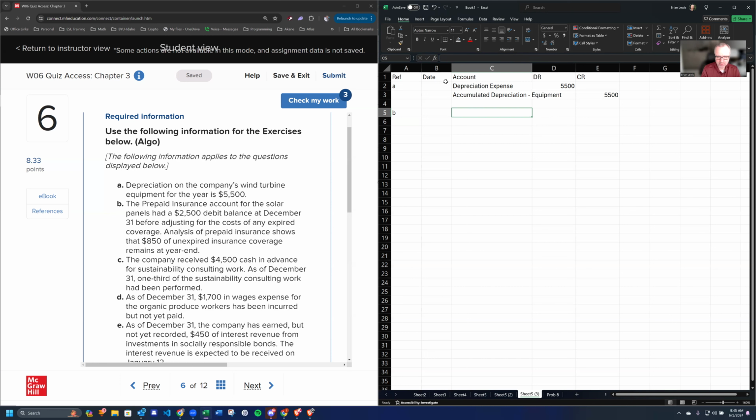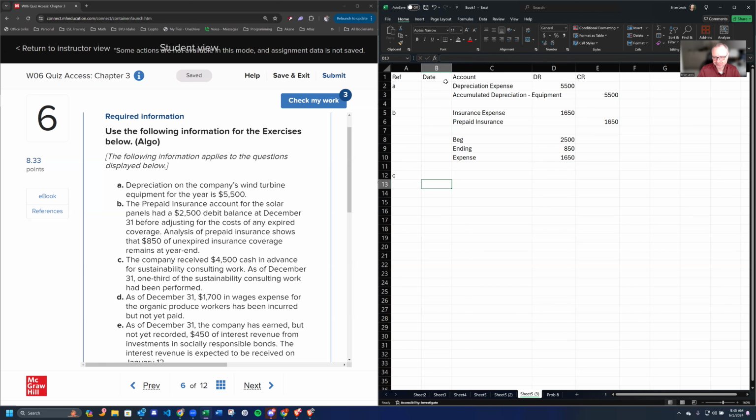So let's first put the accounts here: insurance expense, and prepaid. Now the beginning balance is 2,500, and we know the ending needs to be 850, so the expense is going to be the difference. So $1,650. All right, that's how we do that one.